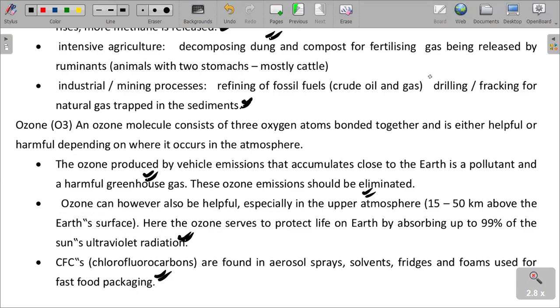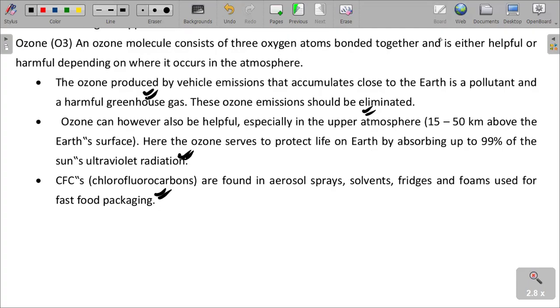Intensive agriculture, decomposing dung and compost for fertilizing, gas being released by ruminants are also a source of methane. We say that animal husbandry increases the production of methane, especially these ruminants, the animals that chew the cud, they can seriously contribute to the effects of what? Of this problem that we are talking about.